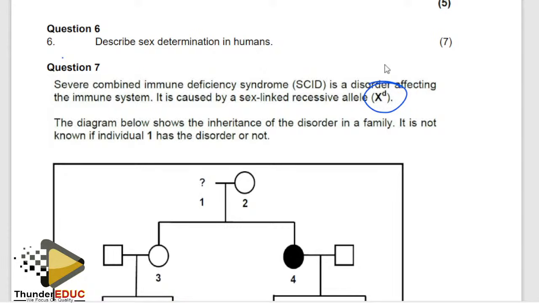Please identify whether it's caused by a dominant allele or a recessive allele. Because if it is caused by a recessive allele, the one who is homozygous recessive is the one who is going to be affected. If it is caused by a dominant allele, the one who is homozygous recessive is going to be normal. Let me show you using here.